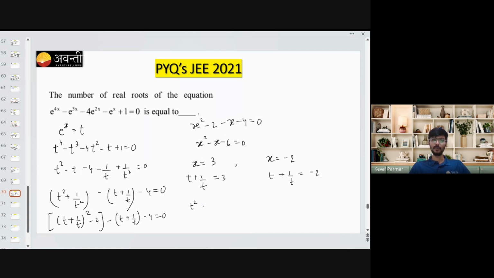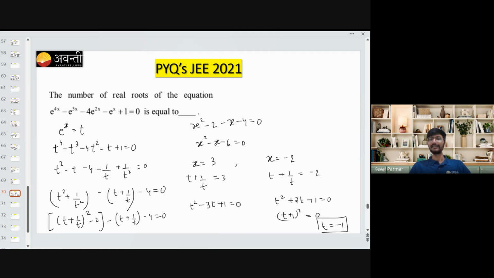So I'll get t square minus 3t plus 1 equals to 0. Here I'll get t square plus 2t plus 1 equals to 0. What is this? T plus 1 the whole square. That means t plus 1 the whole square equals to 0. That means t is minus 1.